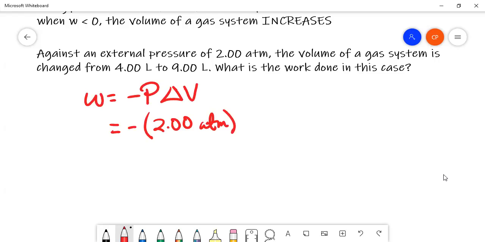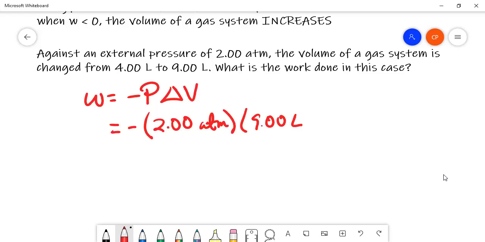What's the delta V? Why is it 5? Why is it not negative 5? It's not necessarily biggest to smallest. Final to initial. Always final minus initial.